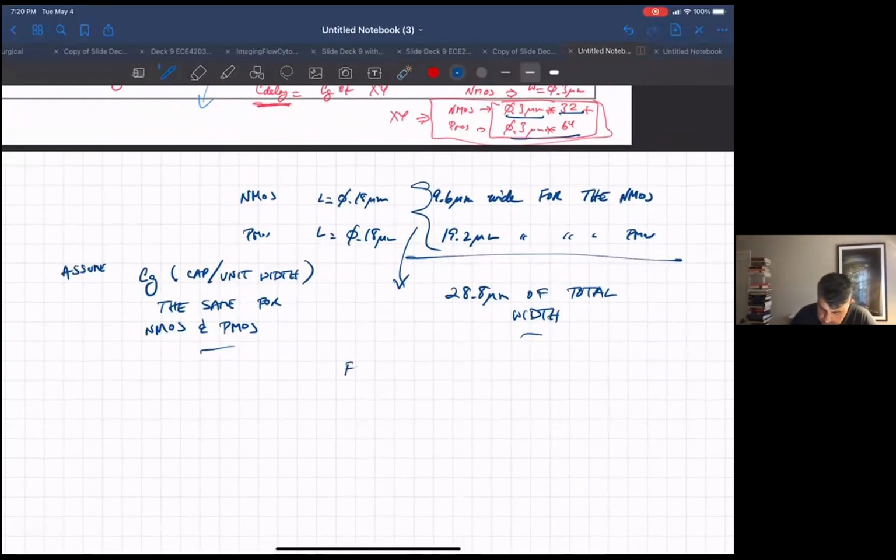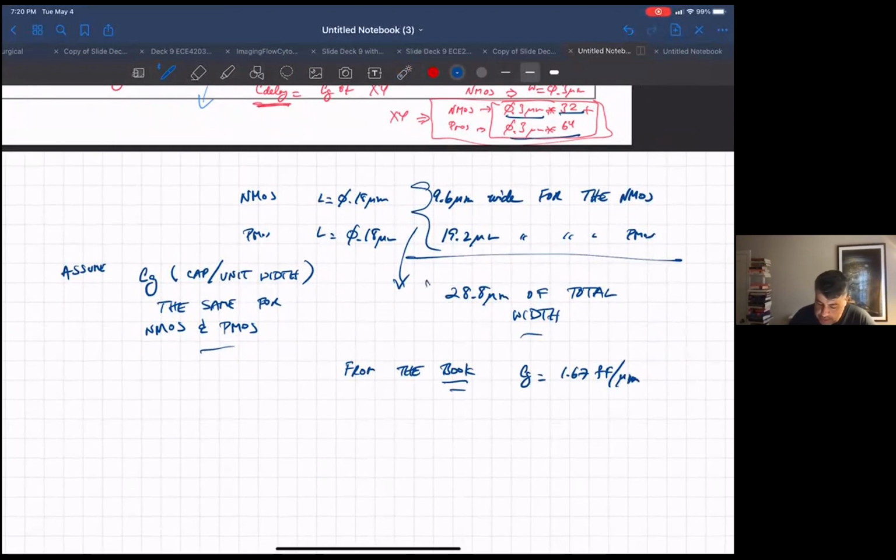From the book, so I'm cheating here, okay, guys? Just wanted to make sure I'm on the right path. It says that C sub G is 1.67 femtofarads per micron. So I'm totally cheating, working backwards.